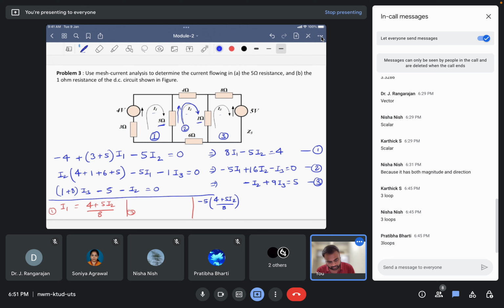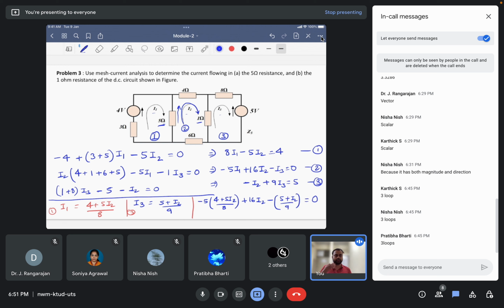So let us rewrite this as 9 I3 is equal to 5 plus I2, so I3 is (5 plus I2) divided by 9. Okay, so now we'll write the 16 I2 term as it is and minus of I3, so minus of (5 plus I2) by 9 is equal to 0.